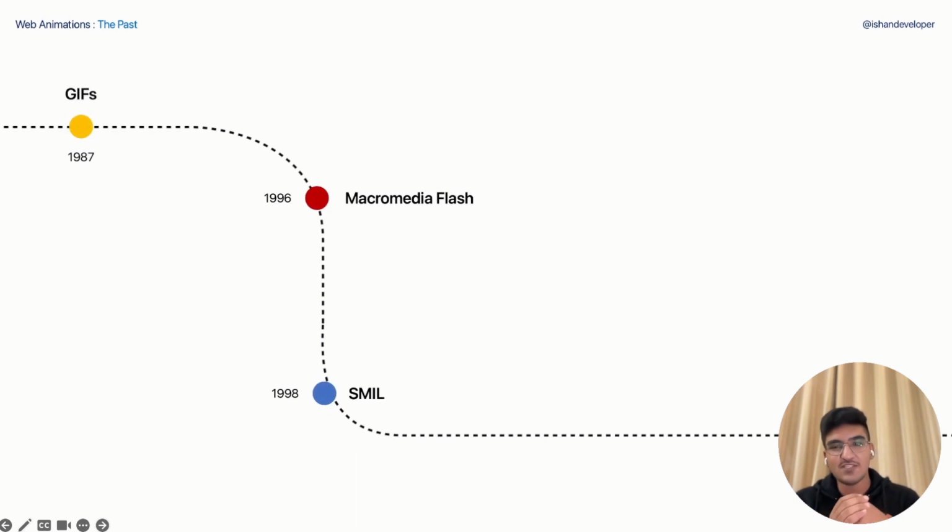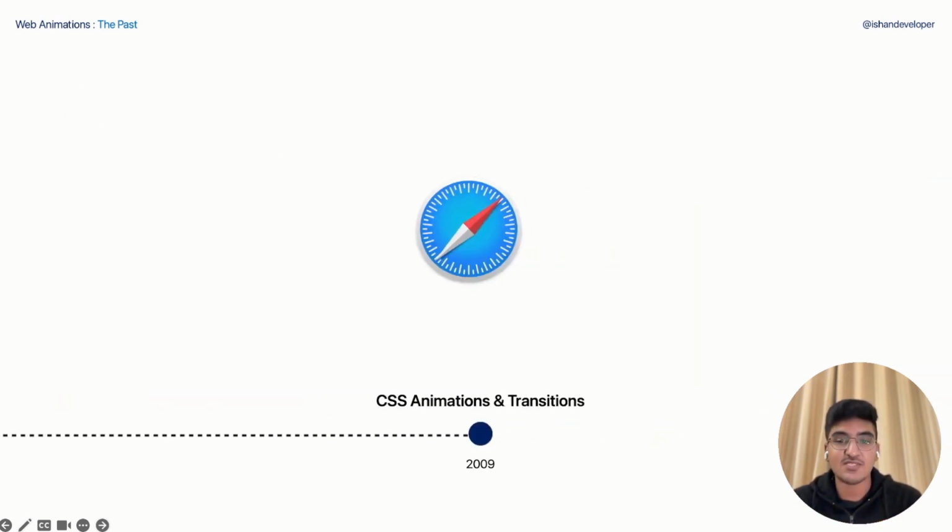Now, for the next few years, things remained pretty stagnant until 2009. In 2009, there was a twinkling in Steve Jobs' eye, and the Safari team who was working on the Safari version for iOS, they were like, dude, we need to make the web look cool. We need to add animations and we can't use Flash. They couldn't use Flash because of memory constraints or something back in those days.